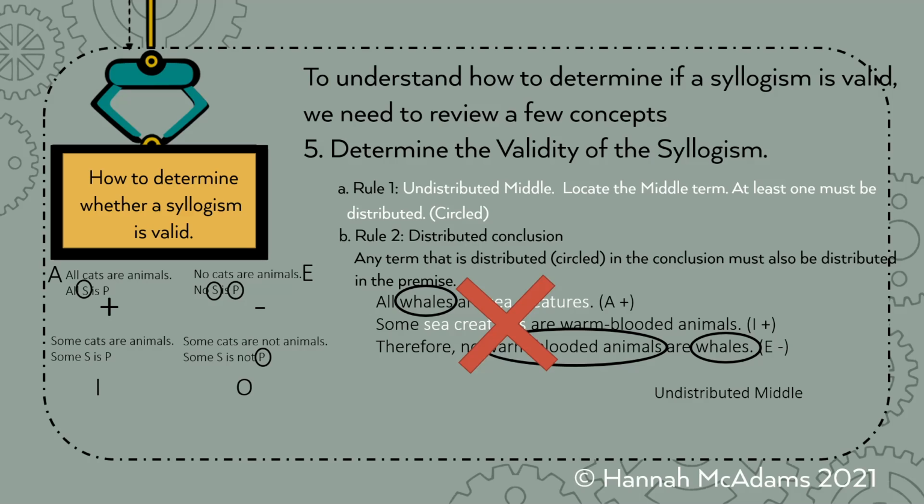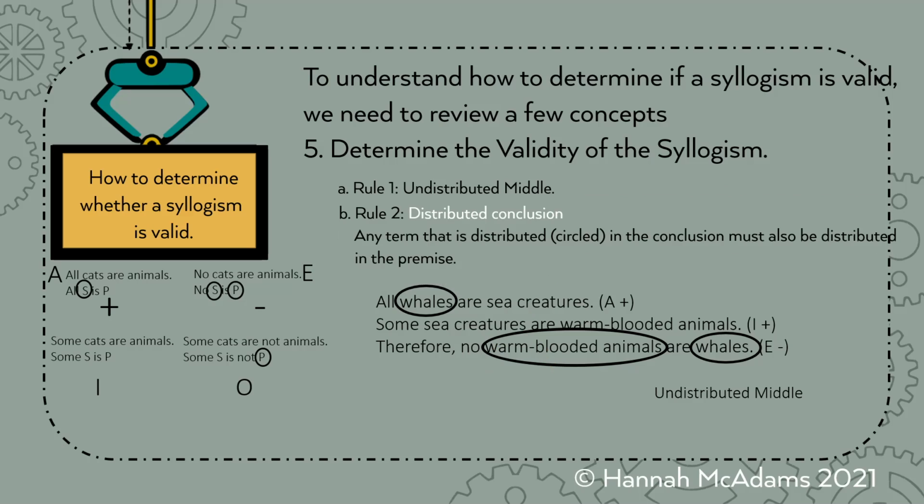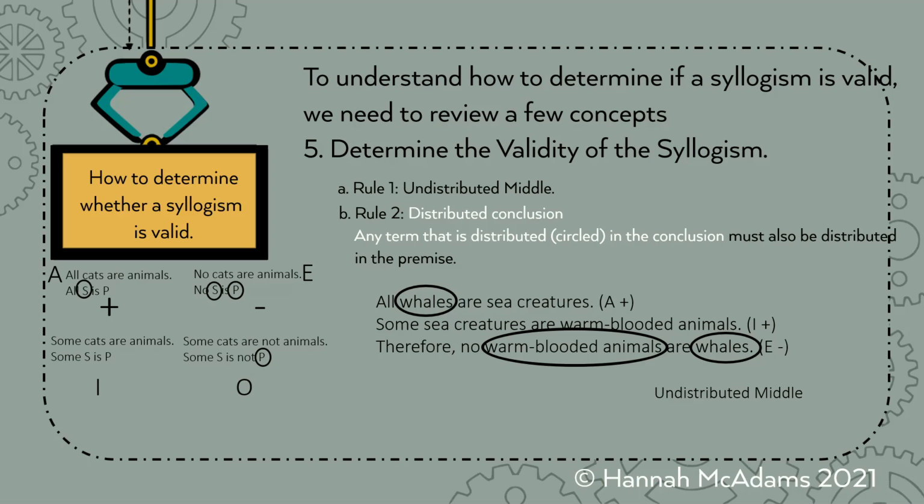But we're going to do rule 2 as well, just to see if it's breaking any other rules. Okay? So, any term that is distributed or circled in the conclusion must also be distributed in the premise. So we have whales and whales. So whales and whales are both circled, but what about warm-blooded animals? Warm-blooded animals is not circled.